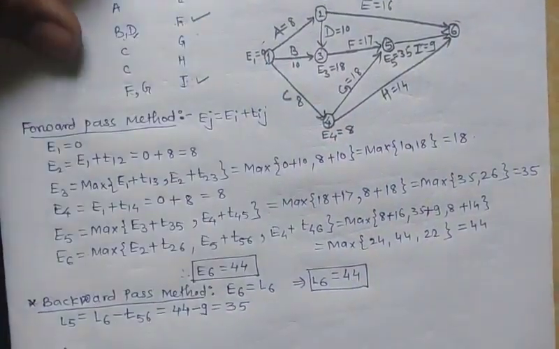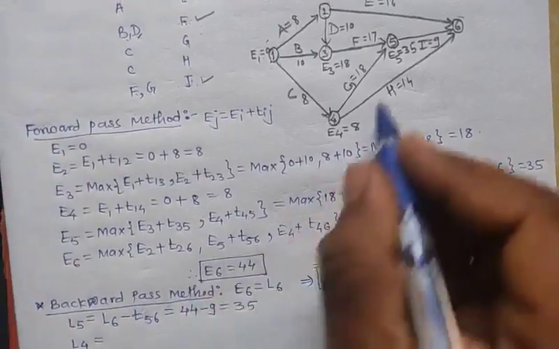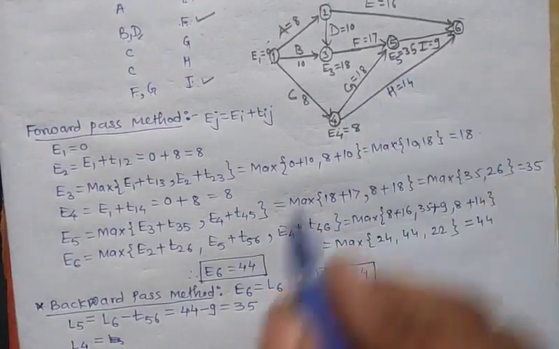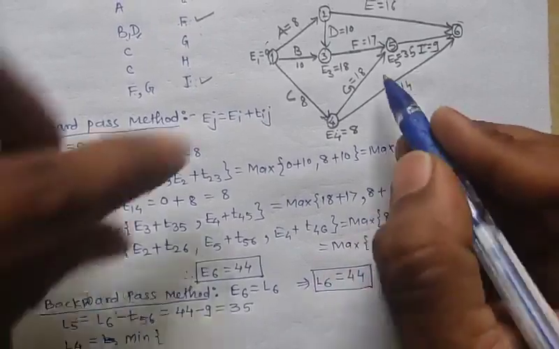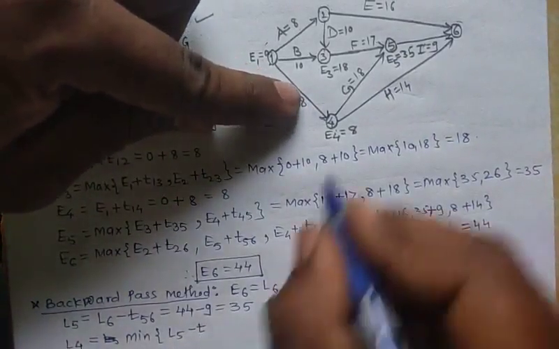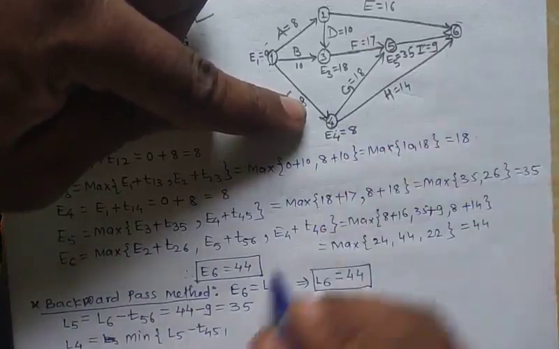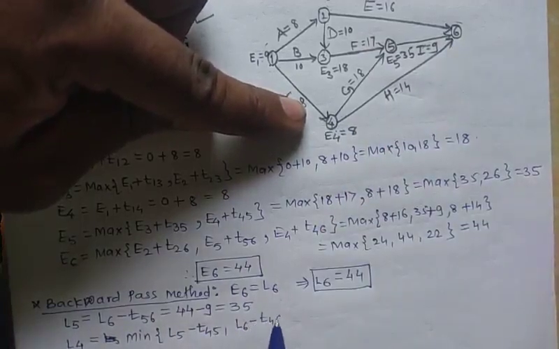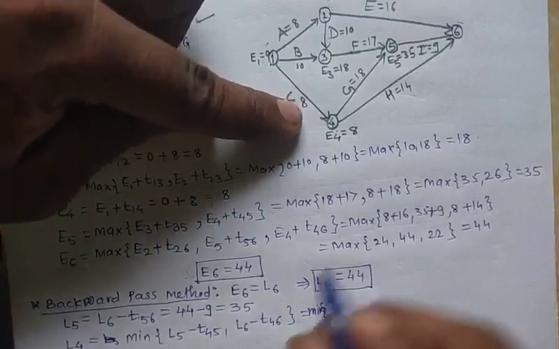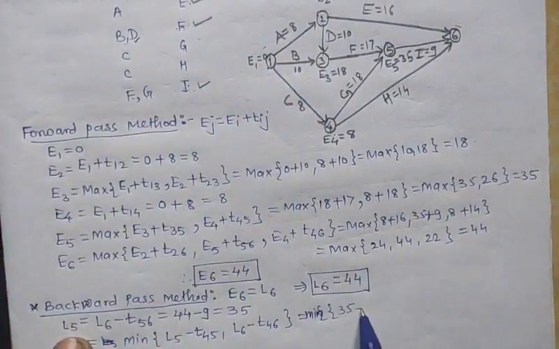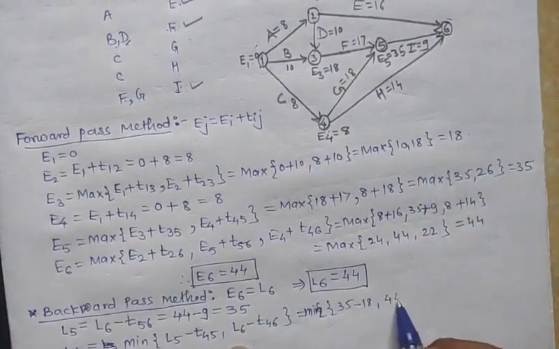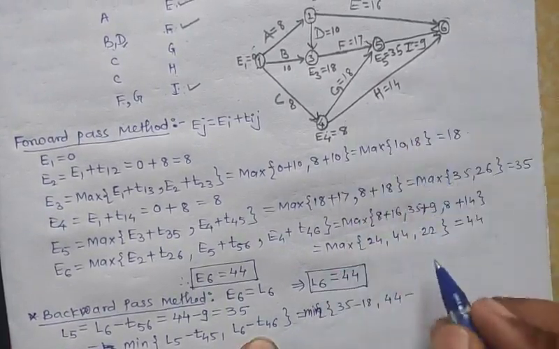L4 will be the minimum of L5 minus T45 and L6 minus T46, which is equal to the minimum of: the value of L5 is 35 minus T45, which is 18, comma, L6 having value 44 minus T46, which has value 14.